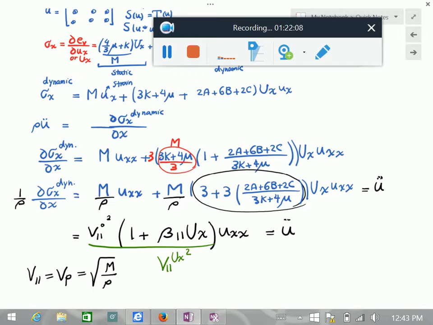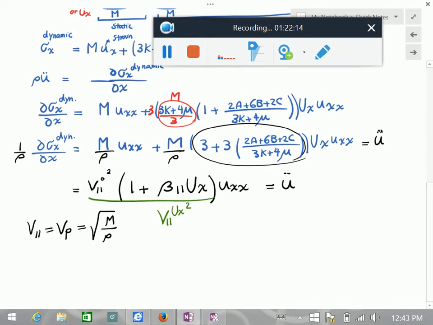I'm there. So the velocity under stress squared is the velocity where there is no stress, the original velocity, times 1 plus some factor times ux.